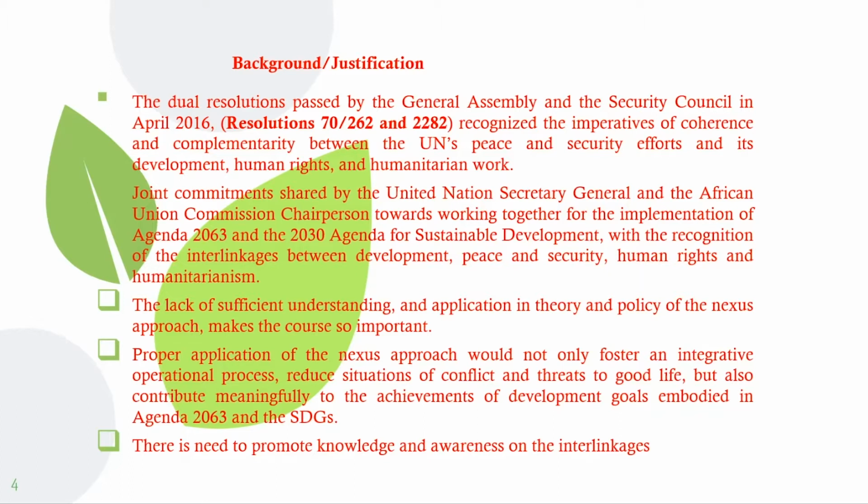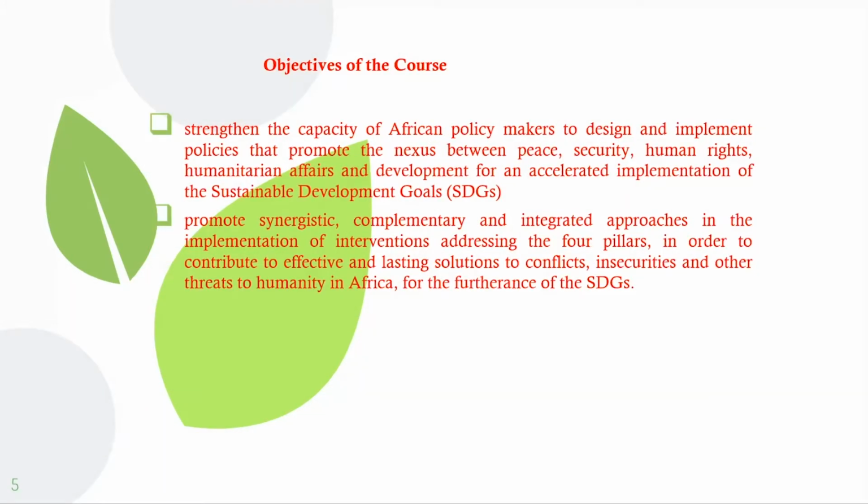The objectives of the course, therefore, would involve to strengthen the capacity of African policymakers to design and implement policies that promote the nexus between peace, security, human rights, humanitarian affairs, and development for an accelerated implementation of the Sustainable Development Goals.